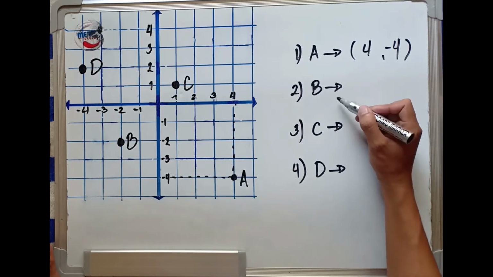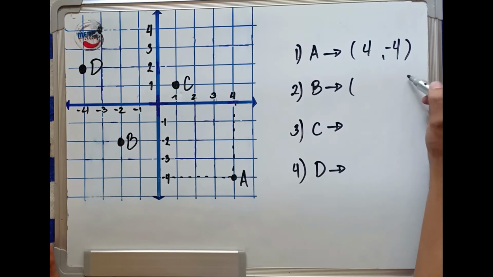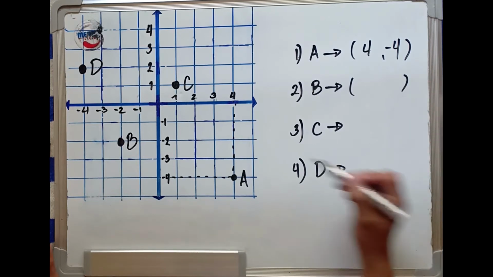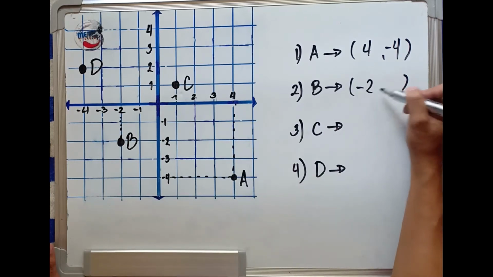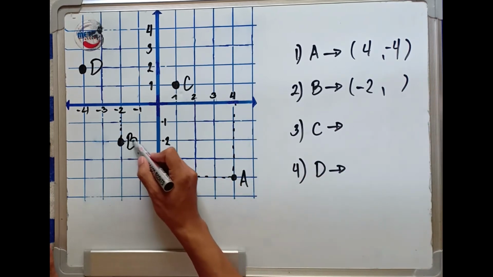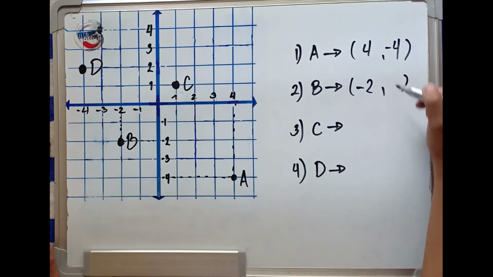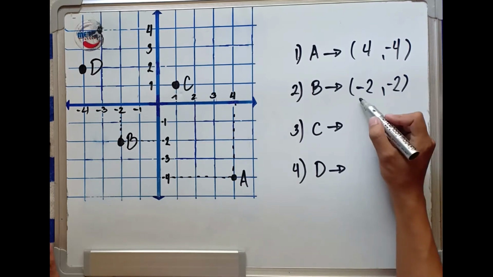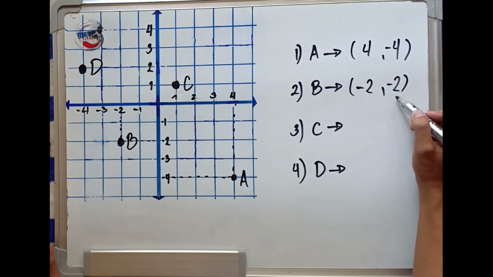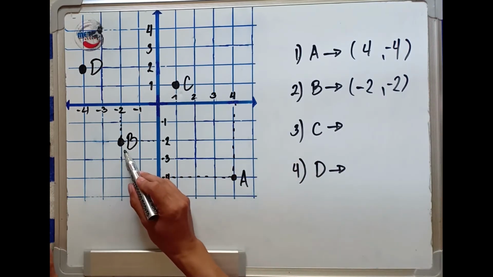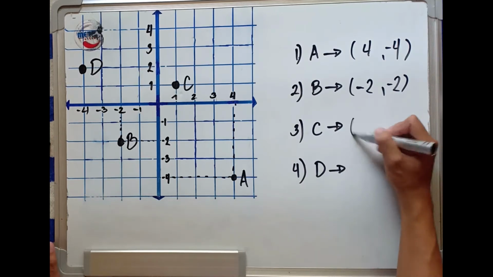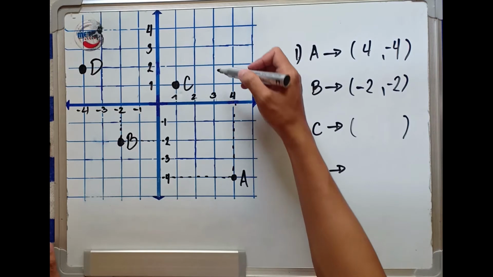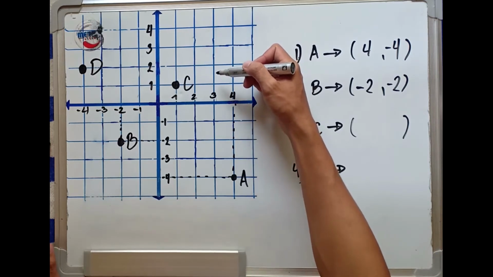Now, let's have point B. For point B, the x value is negative 2. And the y value is negative 2. Both are negative because point B is located at the third quadrant. Now, let us locate point C. So point C is located at the first quadrant.